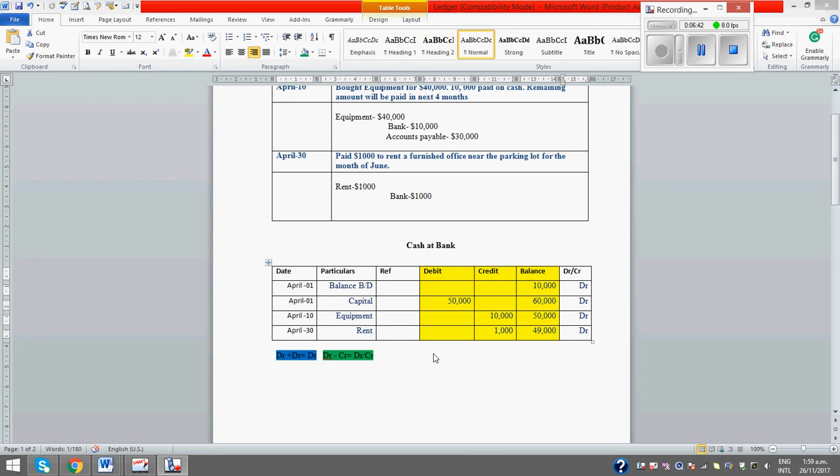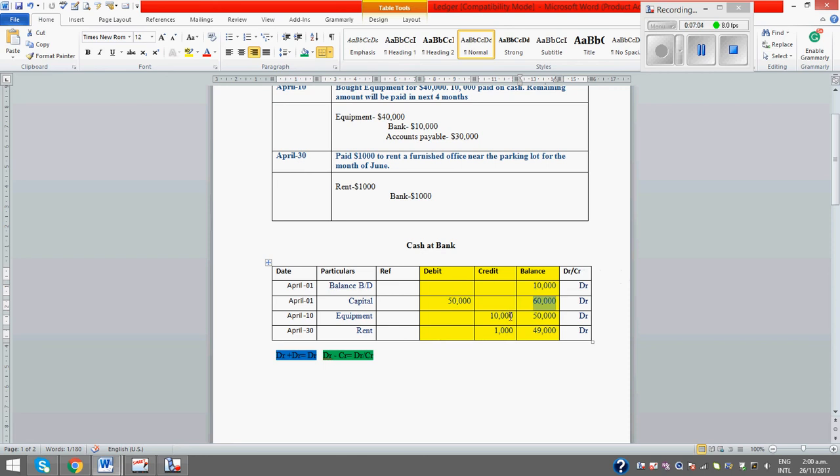So see, with this method, every time you update a transaction, it tells you the balance. The business starts with $10,000, then the owner invests $50,000 in the business, it becomes $60,000.